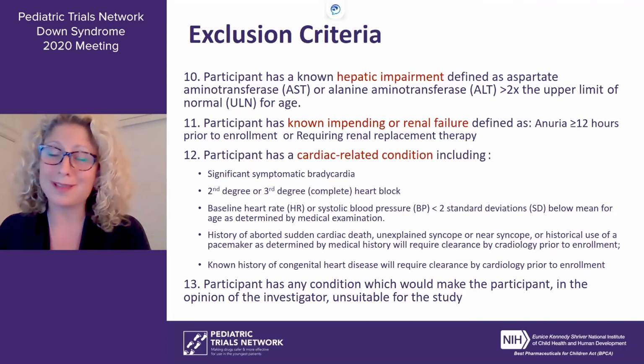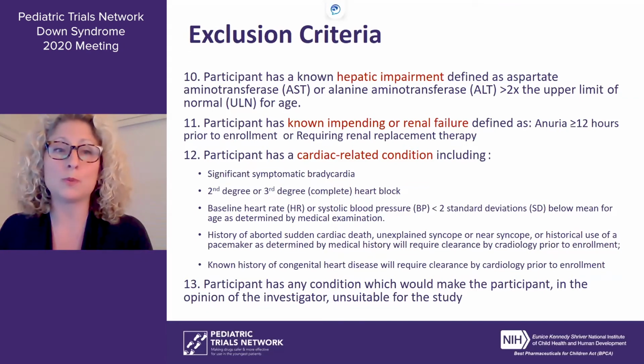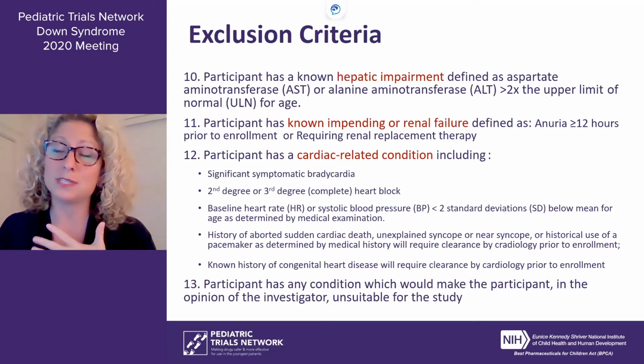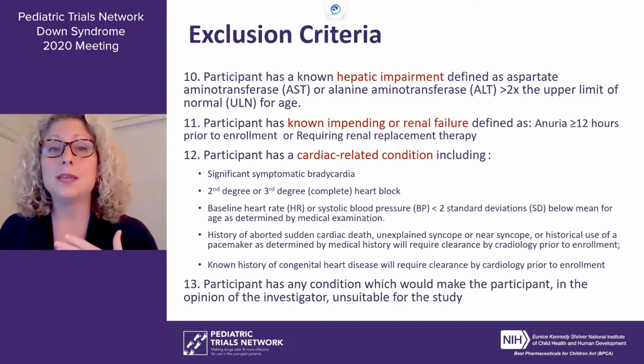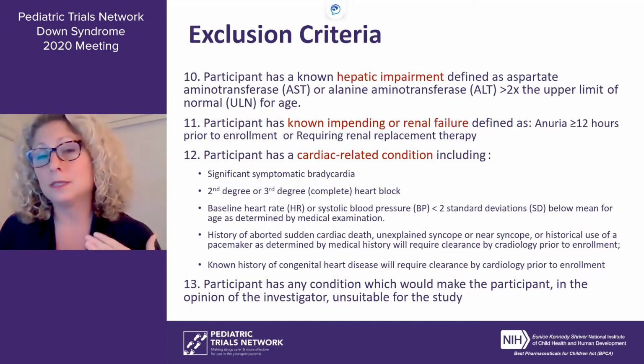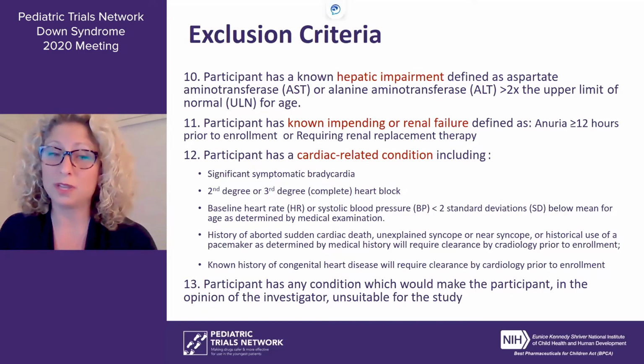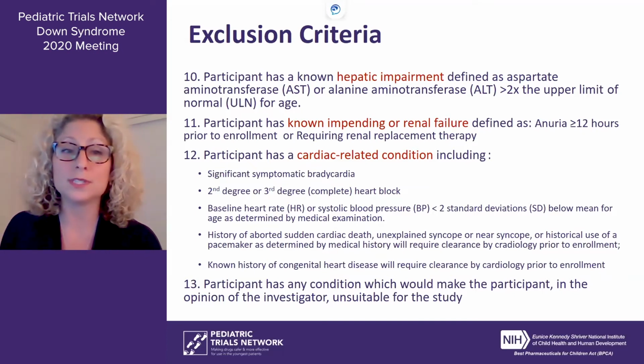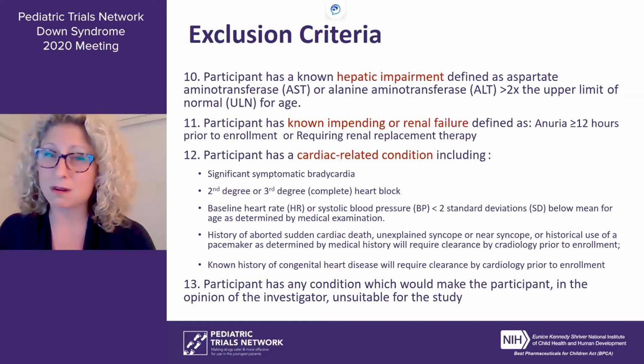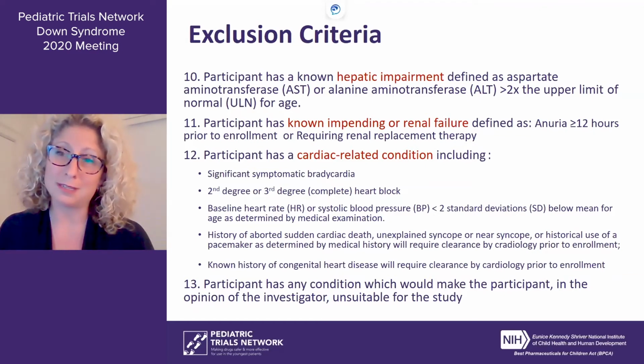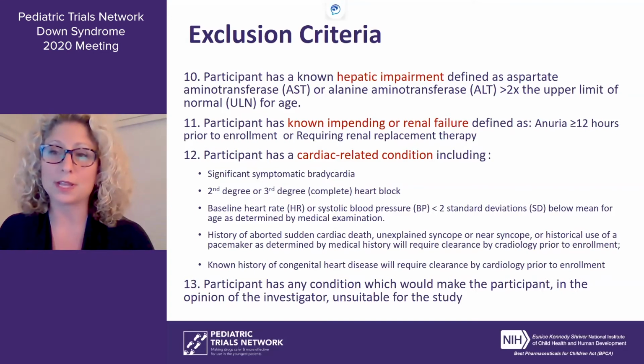Maybe not as important as looking at it with mycophenolate, but we definitely wanted to rule out patients who had very significant bradycardia or low heart rate, any heart block, any hypotension, or a history of sudden cardiac death, or syncope or near syncope. If they have a pacemaker, they would need clearance. If they have congenital heart disease, they would need clearance by their cardiologist as well.